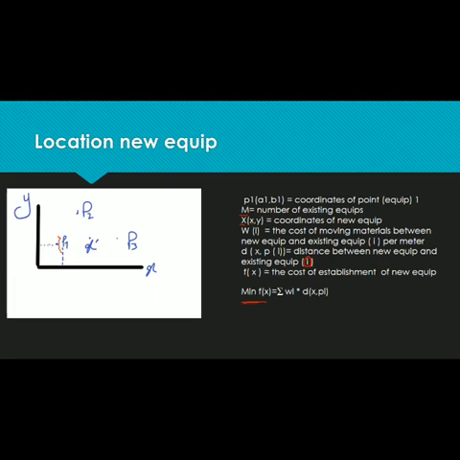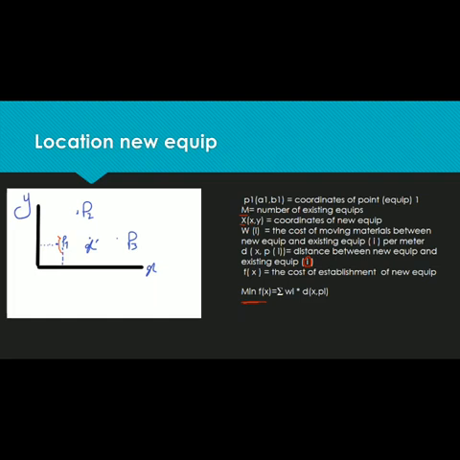P_i means we have a_i and b_i, which are the coordinates of the point of equip i. We have m, which means the number of existing equips.